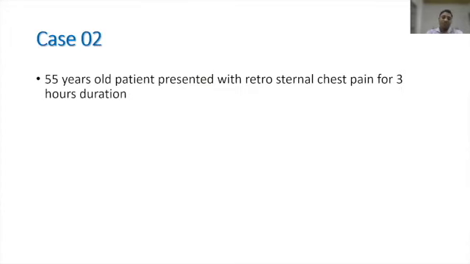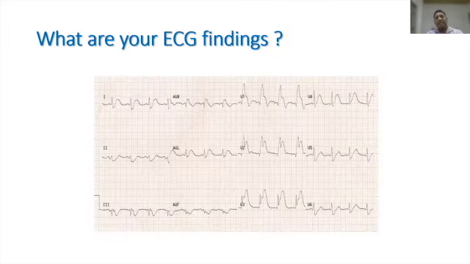So just to see another case, a 55-year-old patient presented with chest pain for 3 hours. This is the ECG. What is the significance of this ECG here? You may see in V1 you are having a right bundle branch block with ST elevation in V1, V2, V3, and some ST elevation in V4.